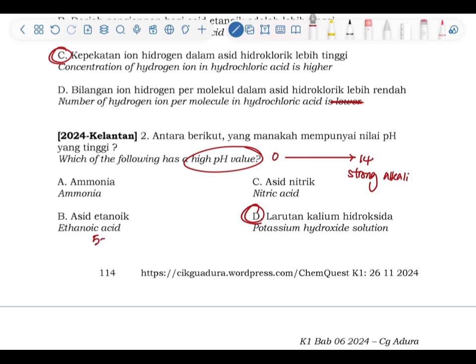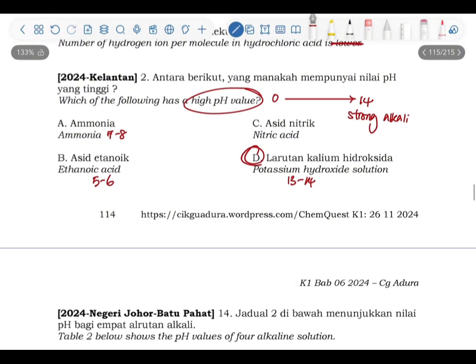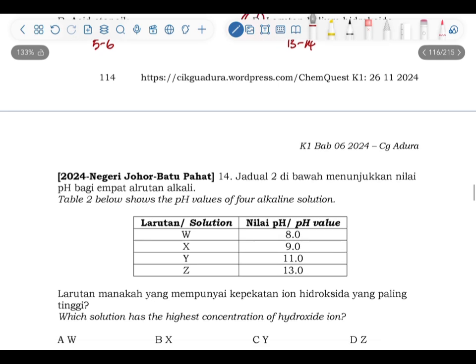Maybe it has a pH value of 5 to 6. Ammonia may be 7 to 8. And then potassium hydroxide is 13 to 14. So you need to remember that this is just general knowledge: do you know what is a weak acid, weak alkali, strong acid, or strong alkali?